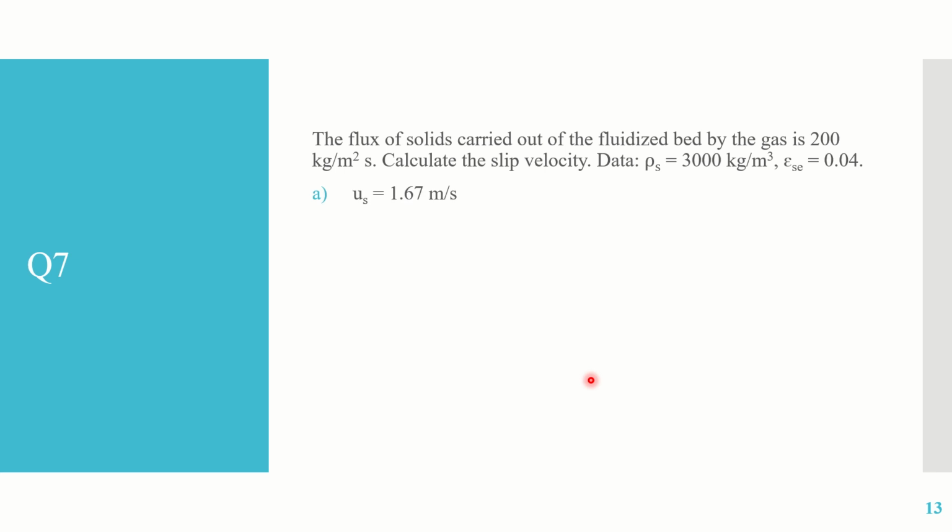The options given are: Option A, Us is equal to 1.67 meter per second. Option B, Us is equal to 3.55 meter per second. Option C, 4.50 meter per second. Option D, 0.67 meter per second.